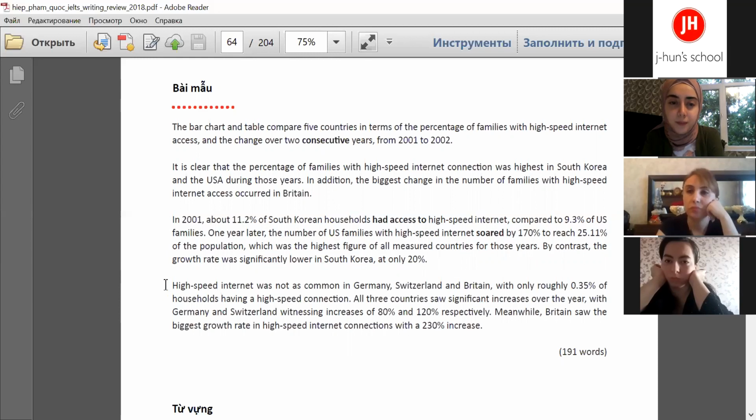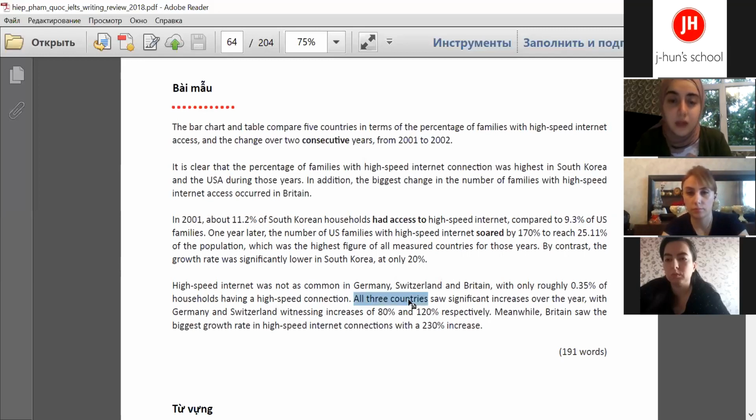Okay, so Ilham, can you read the next and last paragraph, please? High-speed internet was not as common in Germany, Switzerland, and Britain, with only roughly 0.35% of households having a high-speed connection. So again, calculation here, saying that all these 3 countries had kind of low rates of internet connection at around 0.35%.